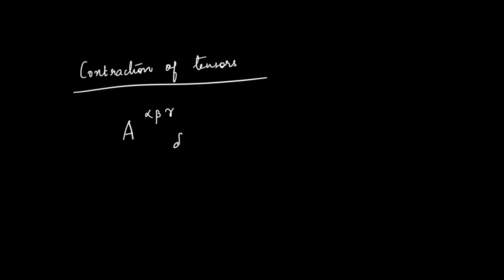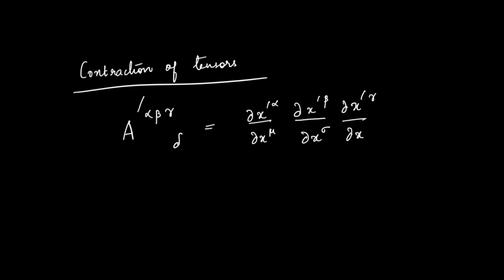And by the law of transformation, I have A prime alpha beta gamma delta is equal to partial derivative of x prime alpha with respect to x mu, partial derivative of x prime beta with respect to x sigma, partial derivative of x prime gamma with respect to x lambda, partial derivative of x rho with respect to x prime delta, A mu sigma lambda rho.